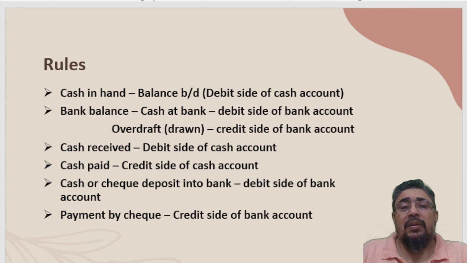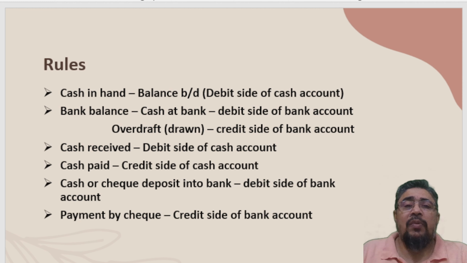Bank balance: yes, the bank balance can be on the debit side and can be on the credit side. A debit balance of the bank account means we have enough money in our bank account.